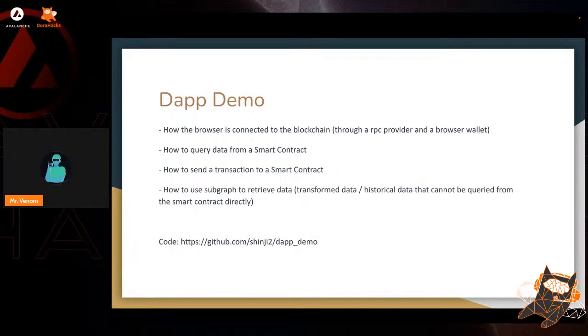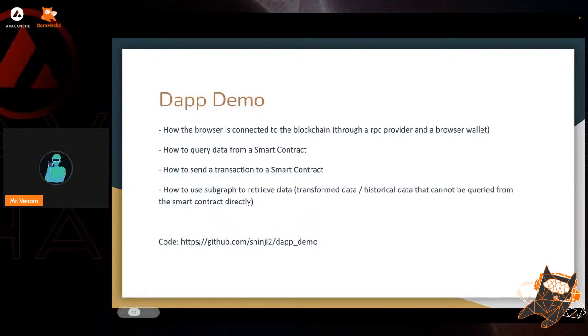Okay, cool. So let's go to the demo. Let me talk about what I'm going to do in the demo. We will be building a very simple dApp, but it is able to query data from the smart contract, send transactions to the smart contract, and also use Subgraph to retrieve some data.